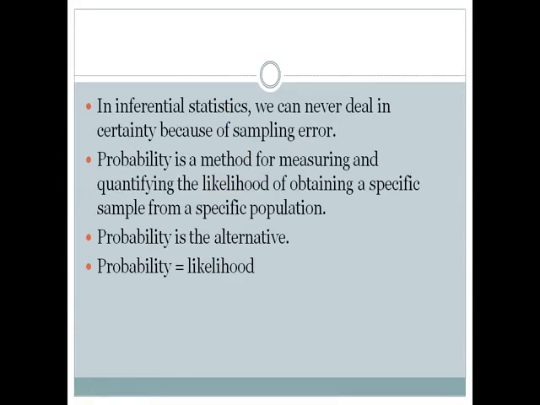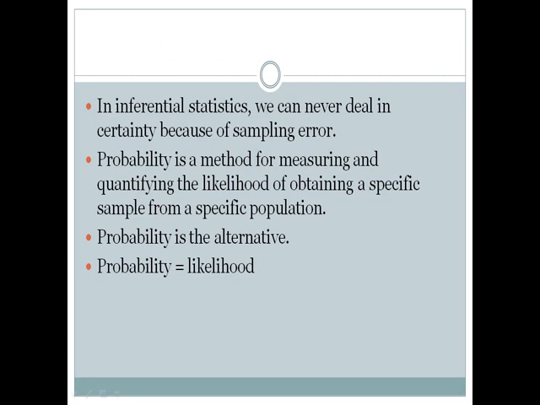What does probability have to do with inferential statistics? Because that's what we're preparing for. We can never deal in certainty in inferential statistics because of sampling error. We've been talking about sampling error earlier in the class. So instead of dealing in certainty, we want to deal in probability.